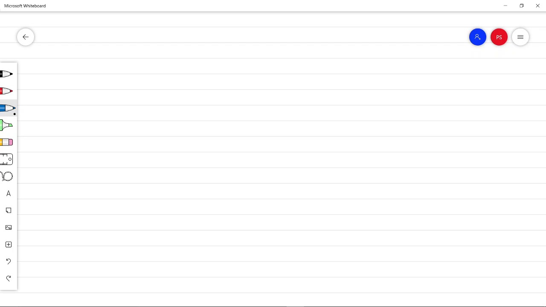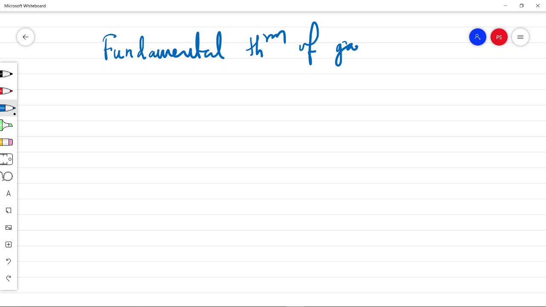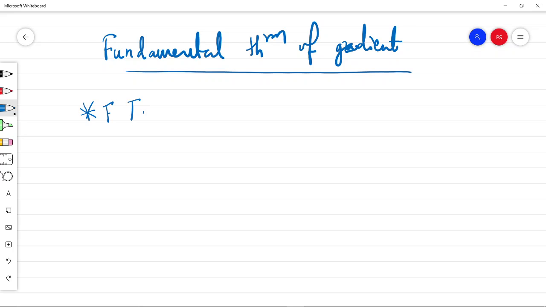Let us try to understand here the fundamental theorem of gradient. Before that, let us just understand the basic fundamental theorem of calculus so that we get to understand the three versions of it.